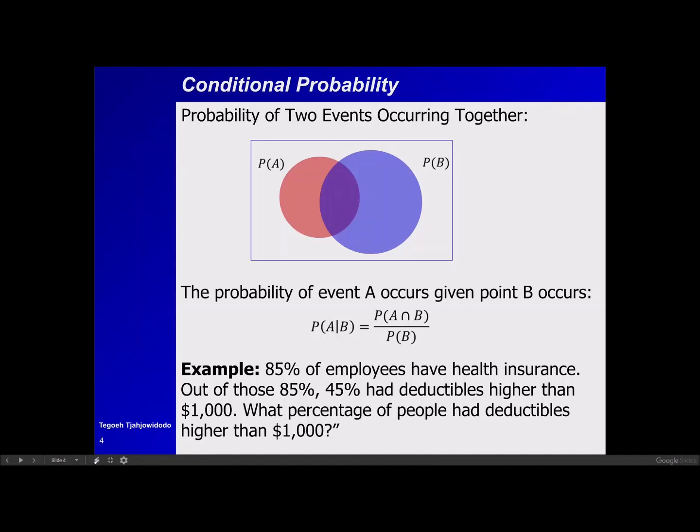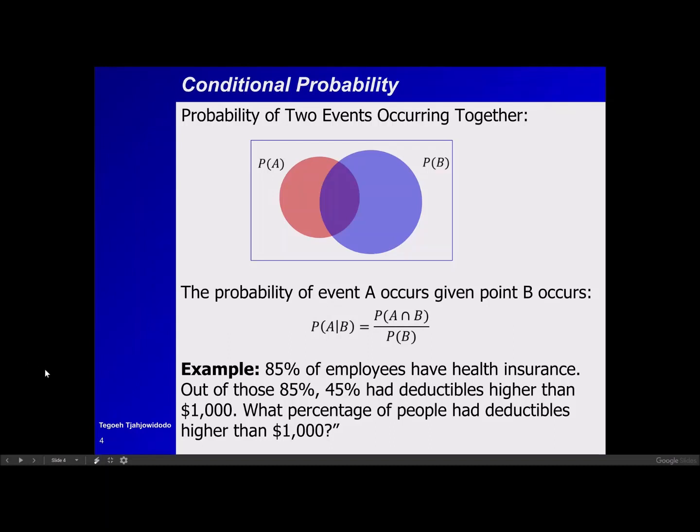So in this case, if we want to calculate what percentage of people had deductibles higher than $1,000, you have to calculate the probability of event A and event B occurring at the same time.